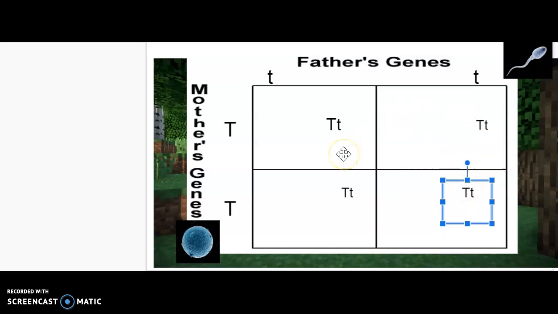So, if we remember, a dominant trait will always show over a recessive trait. By that I mean this is no longer pure line, but it's a hybrid, so it's big T, little t in all four squares.